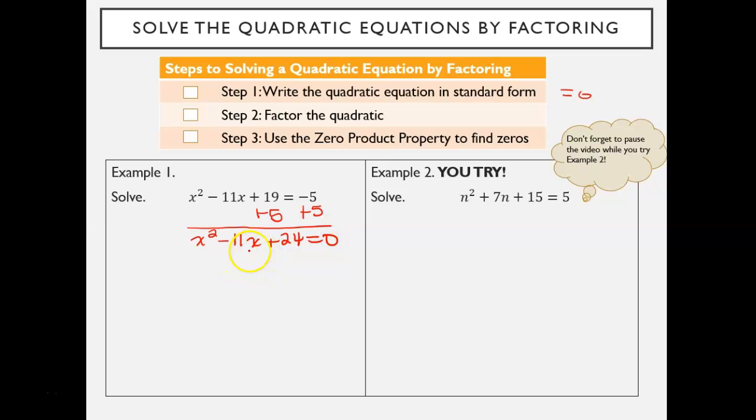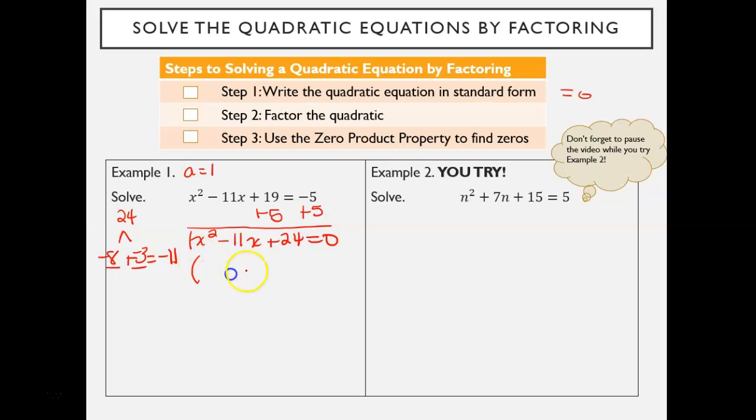So now I'm looking for two things that multiply to be 24 and add to be negative 11. And those things are negative 8 and negative 3. Okay, I'm about to teach you a shortcut. You ready? This shortcut only works when a is 1. In this example, a is 1. So I can jump straight to the factored form.